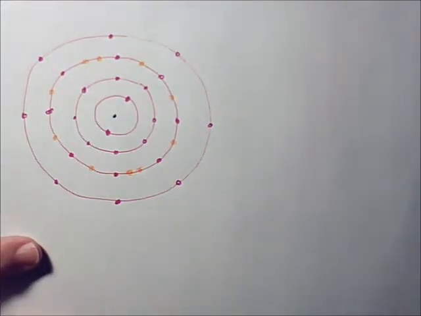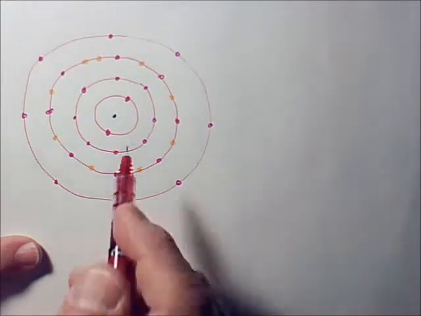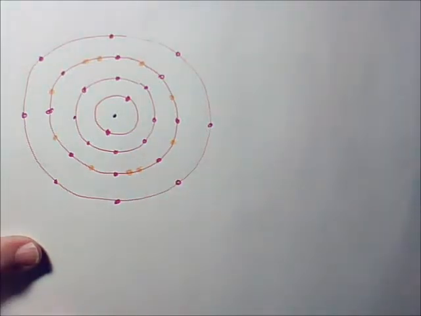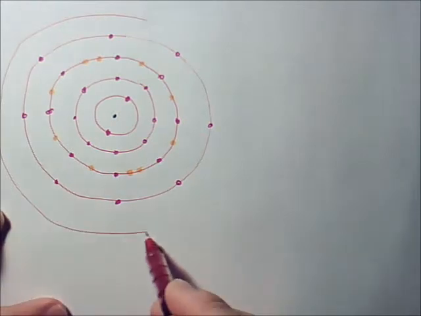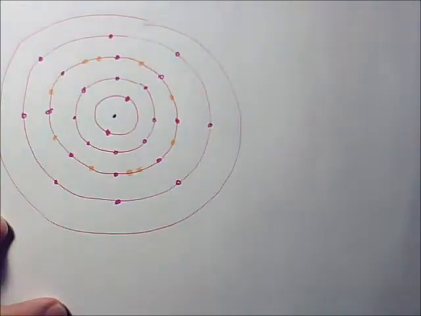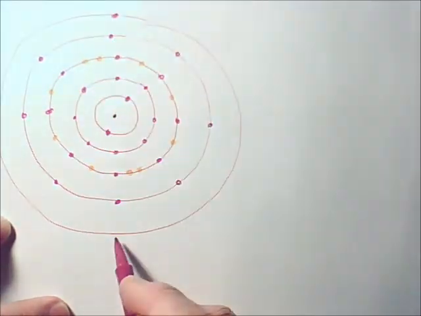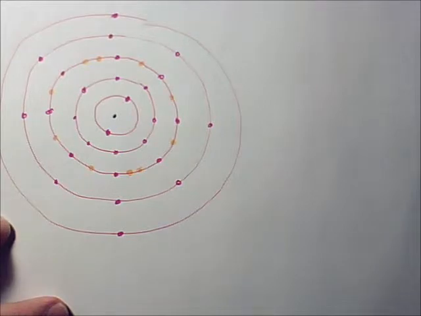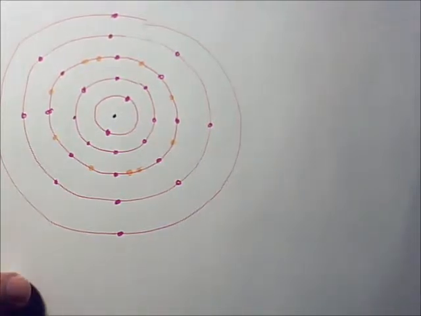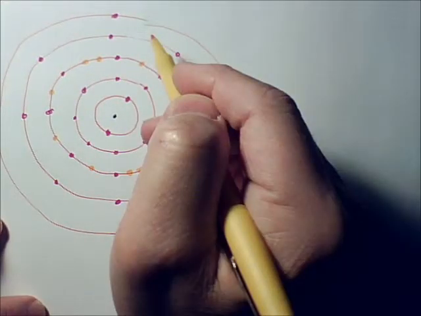Okay? Got it so far? 1, 2, 3, 4, 5. Same thing happens here. 2 dots. Then I can put 10 dots down here. Got that? Once I put 2 dots here, I can put 10 dots on this previous circle.